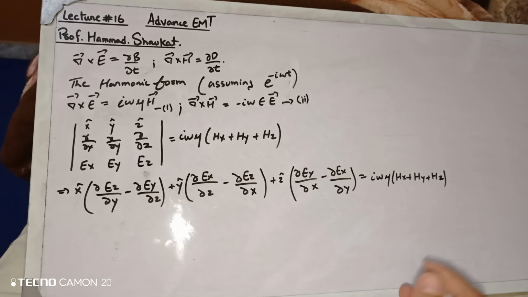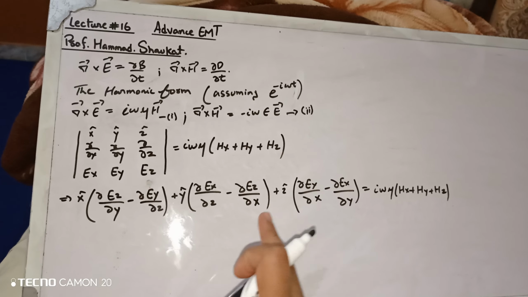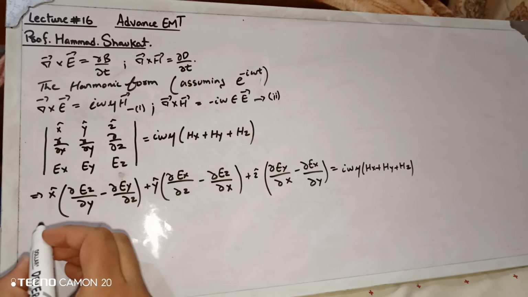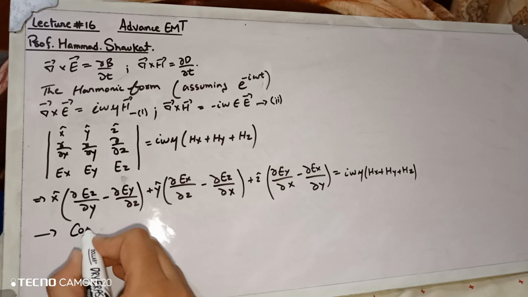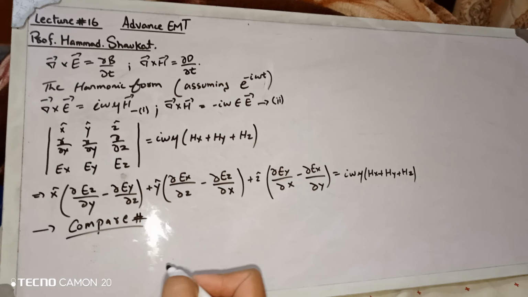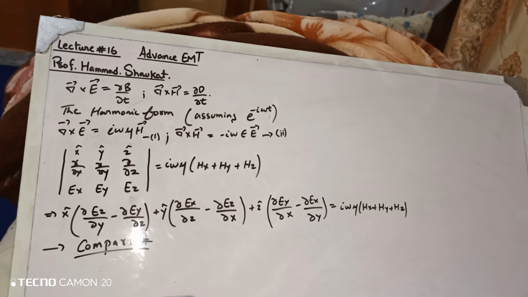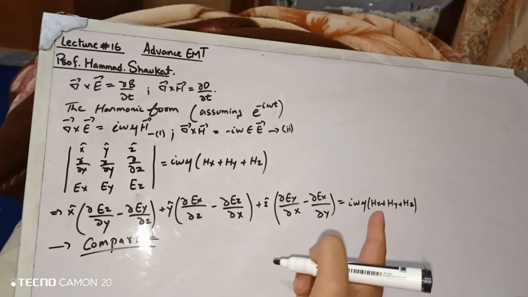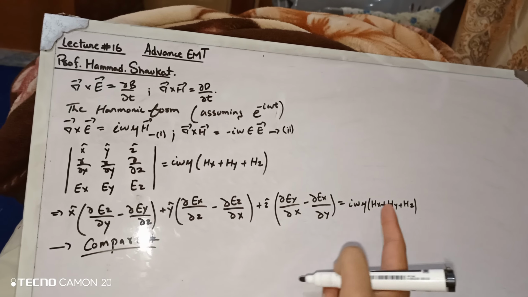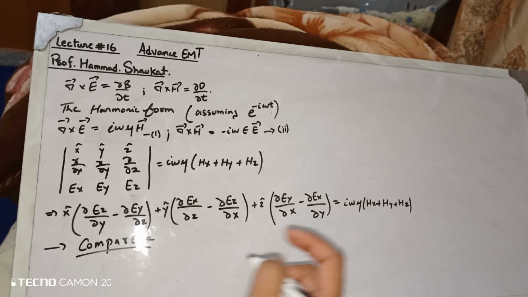Now you just have to compare the x term with the x component, the y term with the y component, and the z term with the z component. Your next step is to just compare the x, y, and z terms. By comparing, the first equation equals the x component, the second equation equals the y component, and the third equals the z component, with this factor also multiplied.